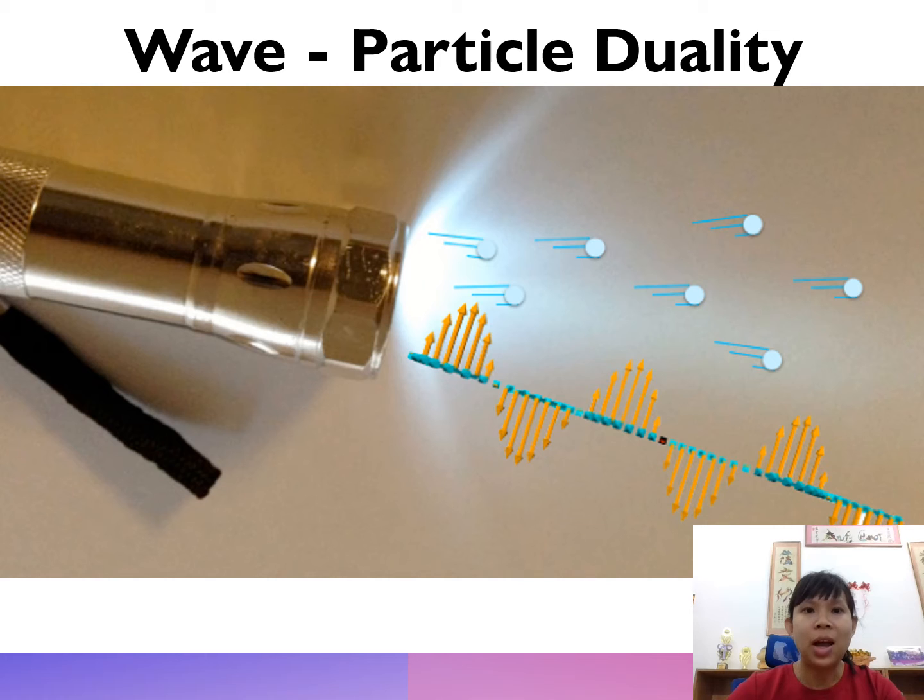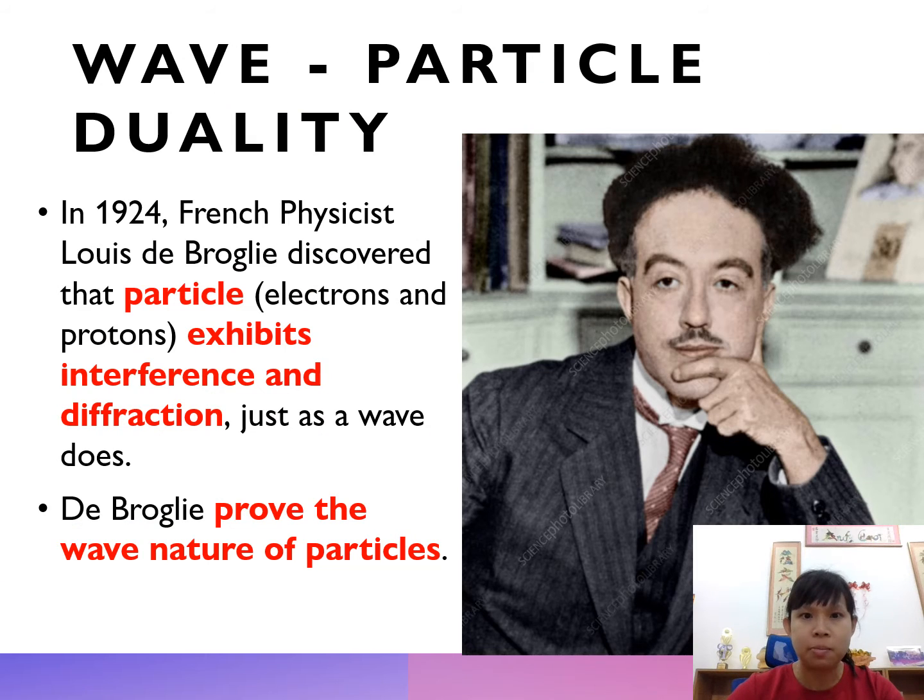Okay, now we look at the next part of this video, which is about wave-particle duality. This concept was introduced by a French physicist named Louis de Broglie. He found that a particle exhibits the interference phenomenon and also the diffraction phenomenon, just like what a wave is able to do.